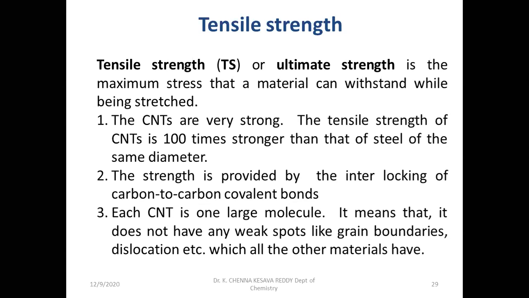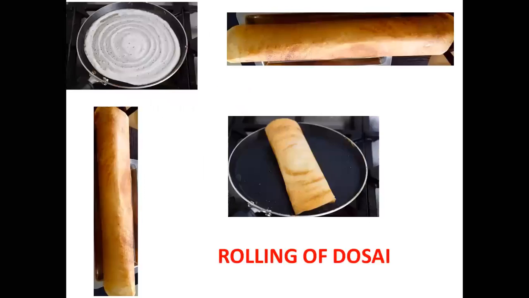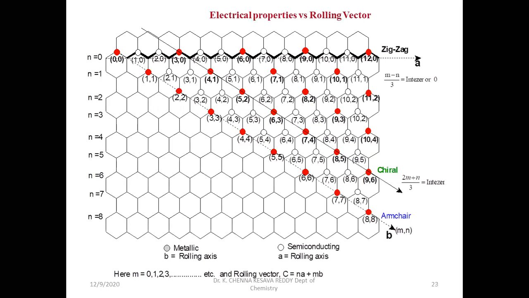Similarly, graphene, though it has sp2, why is the tensile strength of carbon nanotubes and graphene very high? Because all the carbon atoms have covalent bonds.